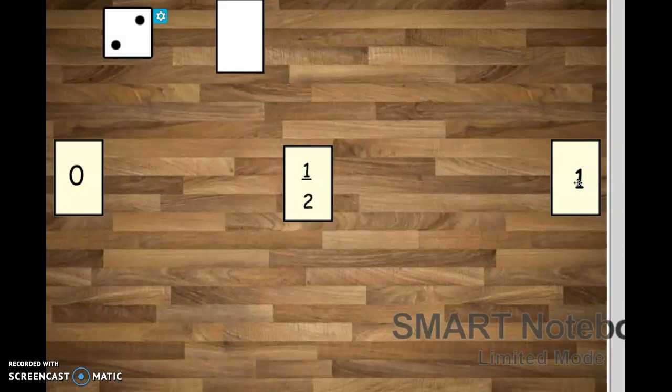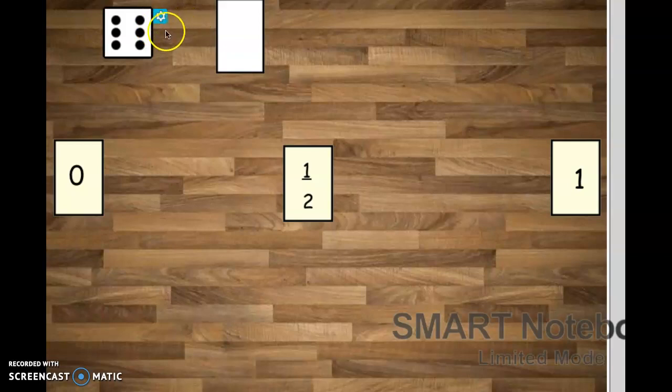Then you're going to need a die. This can be from a game board you have at home, like Monopoly, or it can be from the e-toolkit on ConnectEd. You're going to roll the dice twice. So I got a 4 and a 6.